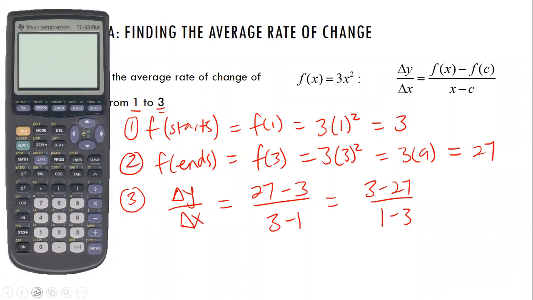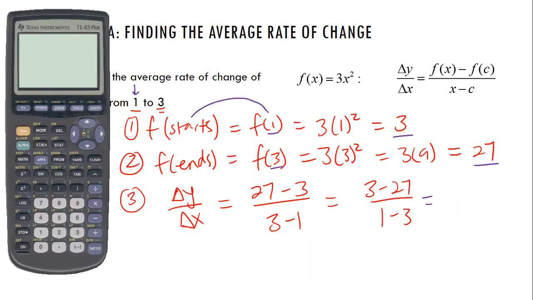What did I get which part from? You've got to be more specific. My numbers came from here. Where did it start? So it said from 1 to 3. Where does it start? At 1.